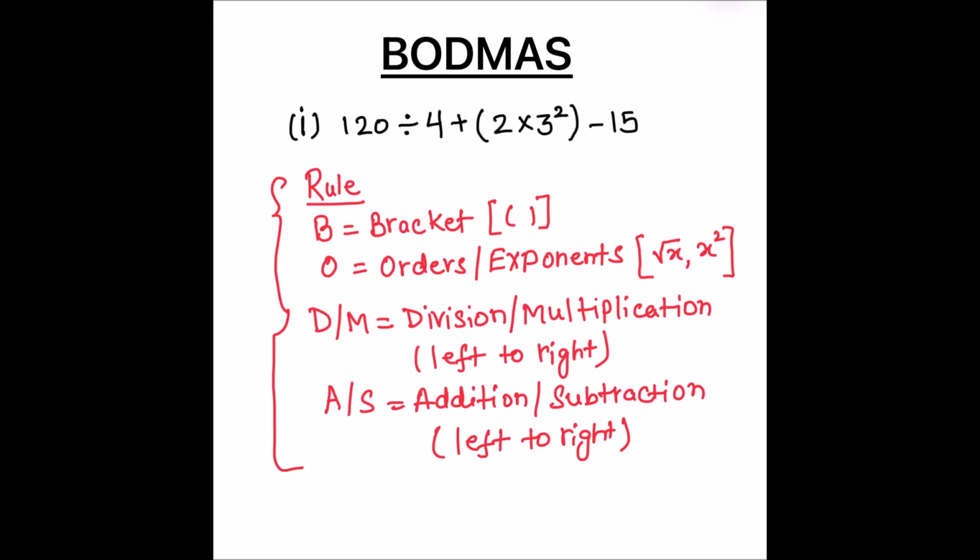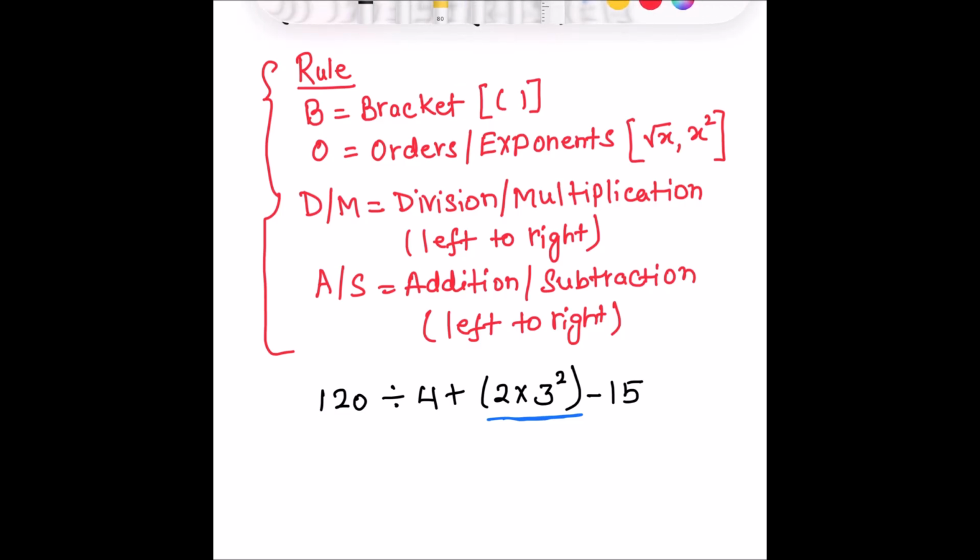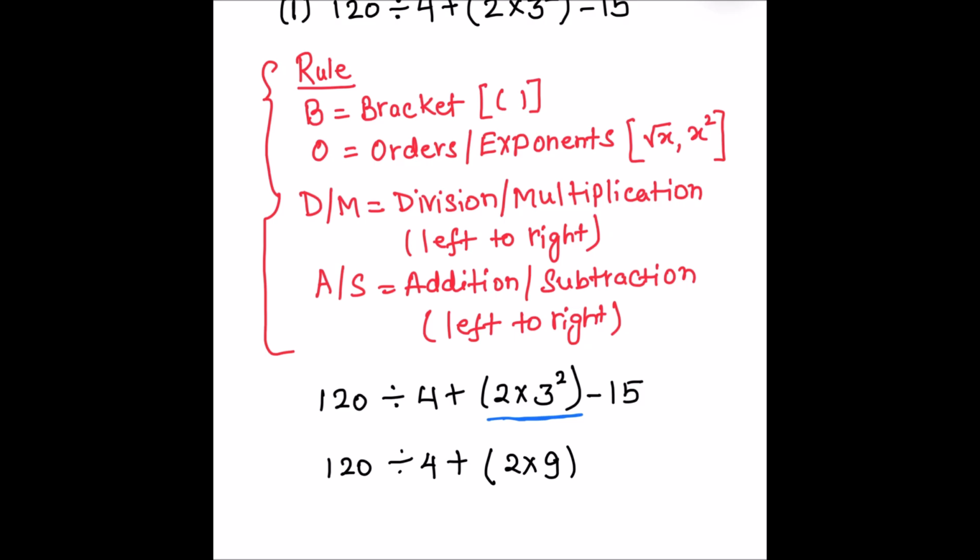So now let's solve this question. The question is 120 divided by 4 plus, I'm going to rewrite it again, 2 times 3 square, minus 15. First we are going to solve the bracket, this one. So the expression will be 120 divided by 4 plus 2 times 3 square is 3 times 3, which is 9, minus 15.